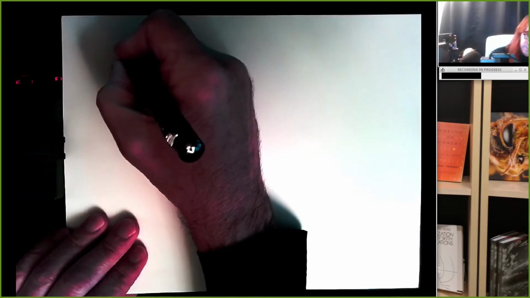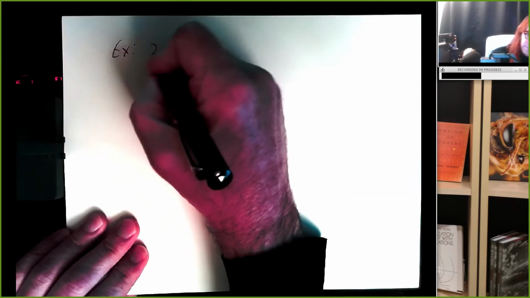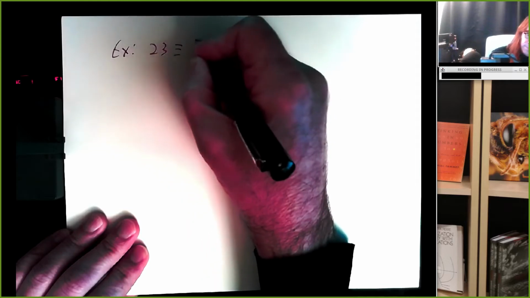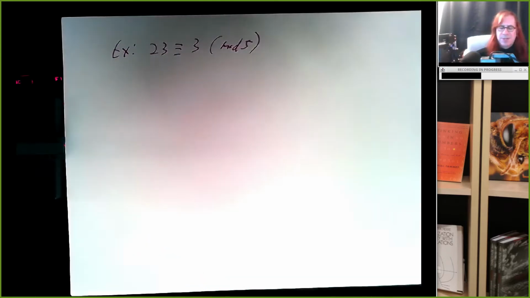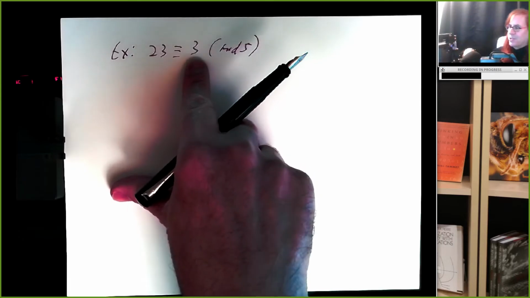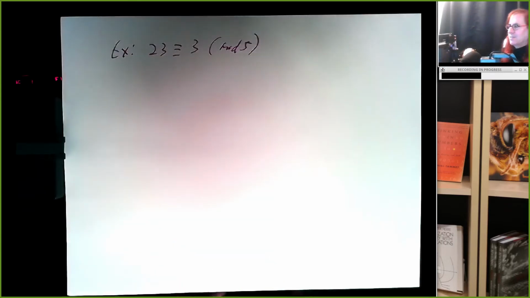So some examples of that. 23 is congruent to 3 modulo 5. In other words, the difference between 23 and 3 is 20. That's a multiple of 5.